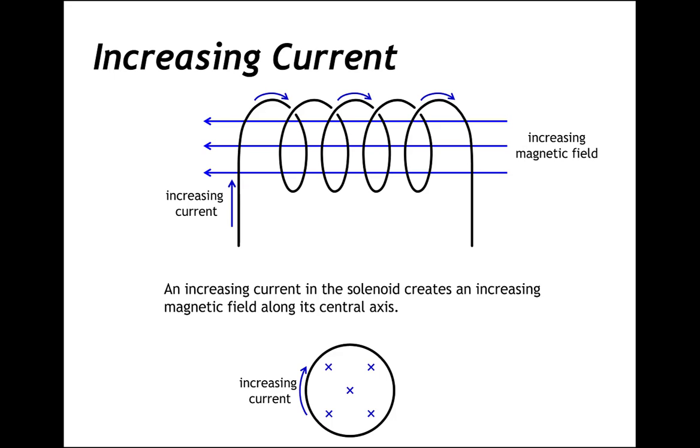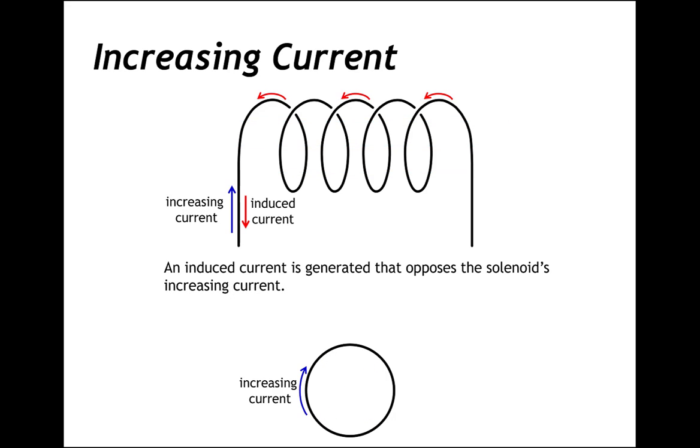Now, looking at it edge on, notice how the current is increasing in the clockwise direction, as you can see from the bottom image. Now, here's the thing. An increasing current causes an increase in the magnetic flux of the coil. Lenz's law states that an induced current in the coils will oppose this increase by creating an opposing magnetic field.